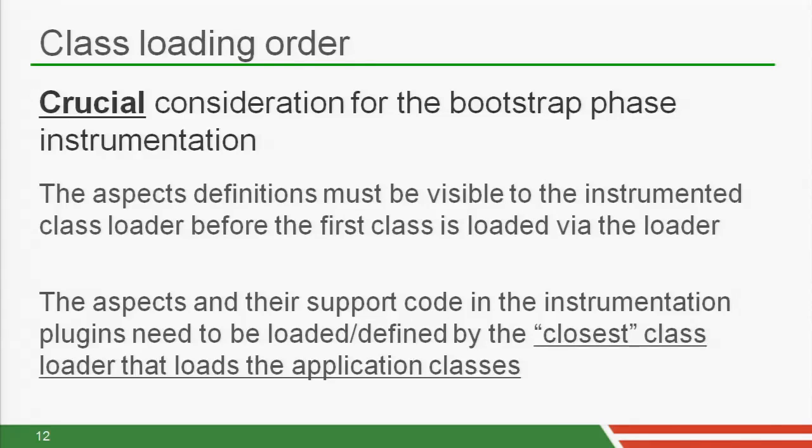Now, because they reference your classes, they need to be loaded by what we call the closest class loader to the loader that loaded your class. Okay? Basically what it means is that each class loader, as you know, might have its own way of finding classes. A class loader is actually getting the name of the class and says, just bring me the bytes of this class that I asked you for.